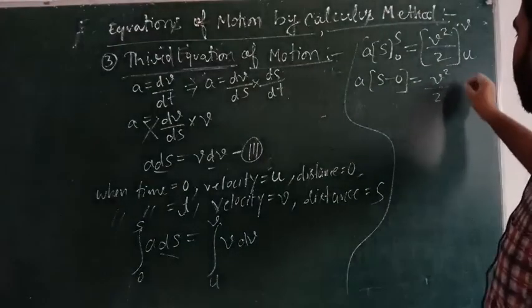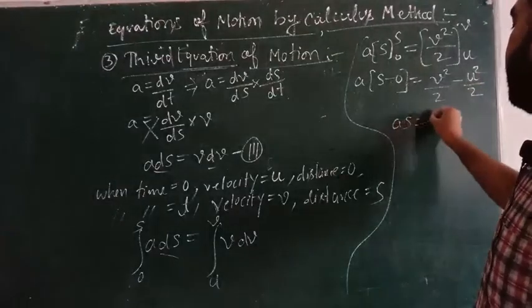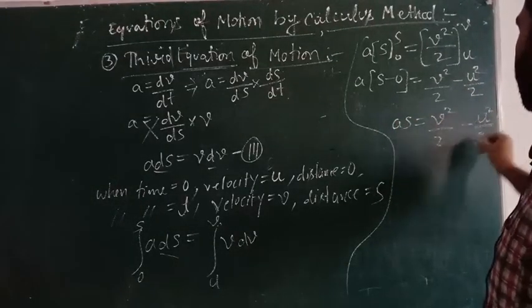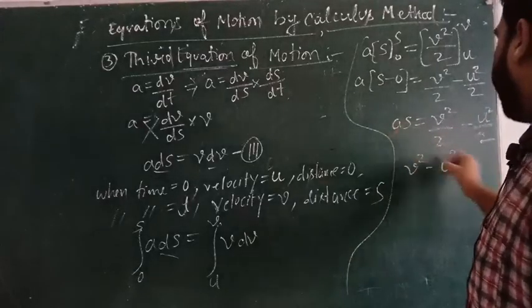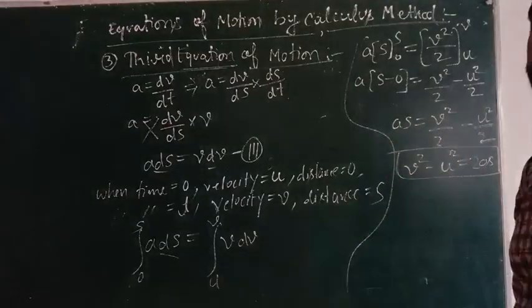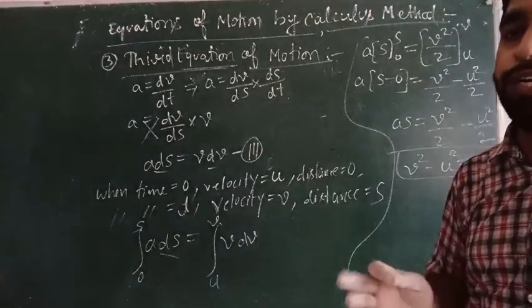So as is equal to v square by 2 minus u square by 2. So v square minus u square is equal to how much? After cross multiplication, 2as. So students, this is the third equation of motion by applying the method of integration.